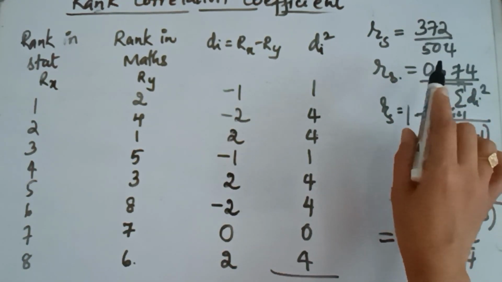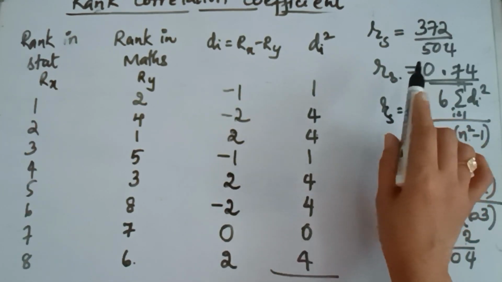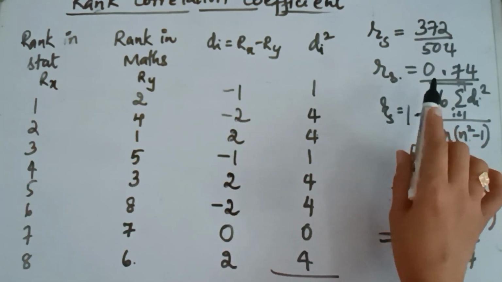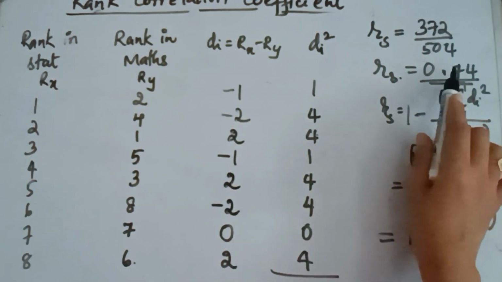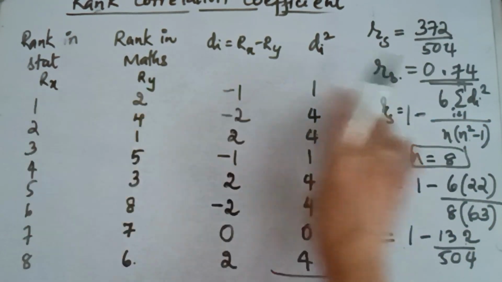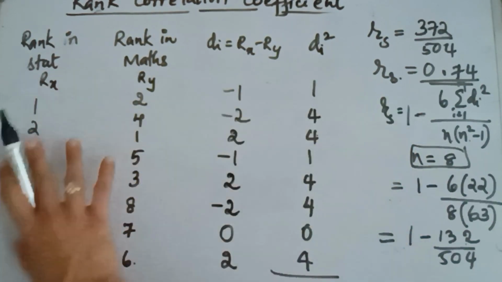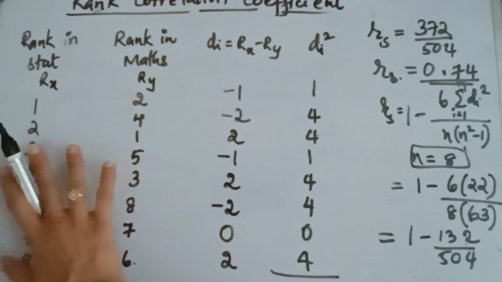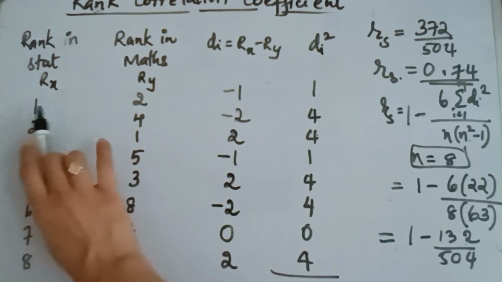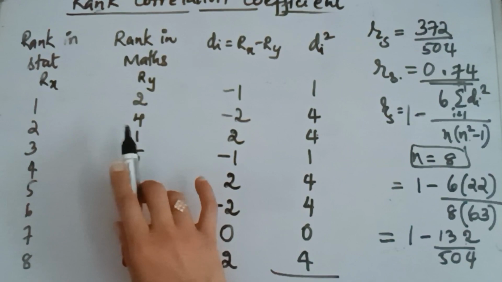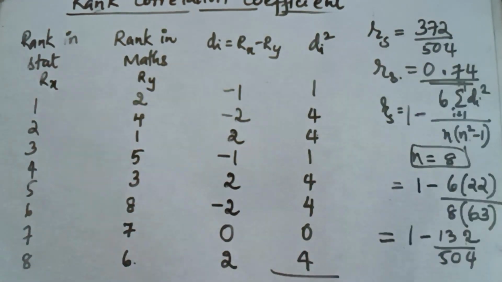If you have values of the correlation coefficient from 0.75 to 1, then there is a strong positive correlation between the two variables. Therefore these two variables are positively correlated. That means the student who has good knowledge in stat has good knowledge in mathematics also. They are correlated in a positive way.